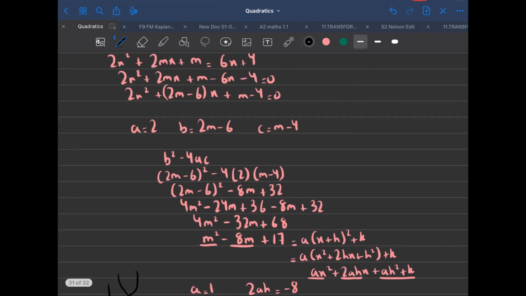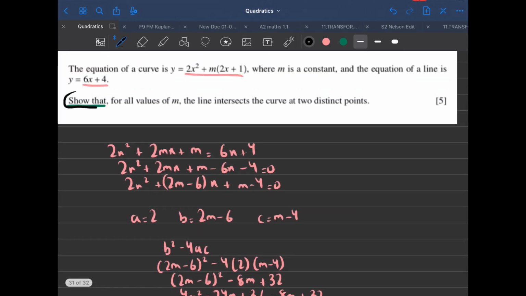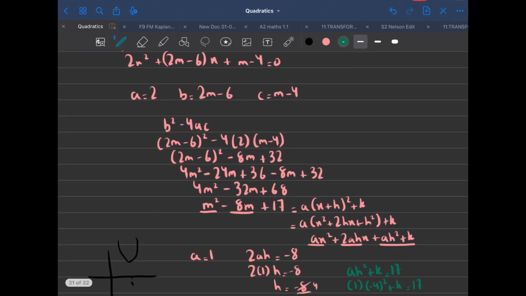So in a show question, you don't need to solve this. Now what did students do in the exam? They tried solving this. Let me show that to you. So my a is 1, my b is minus 8, and my c is 17. So minus b, that's minus 8, plus minus 8 squared minus 4 into 1 into 17 divided by 2 into 1.